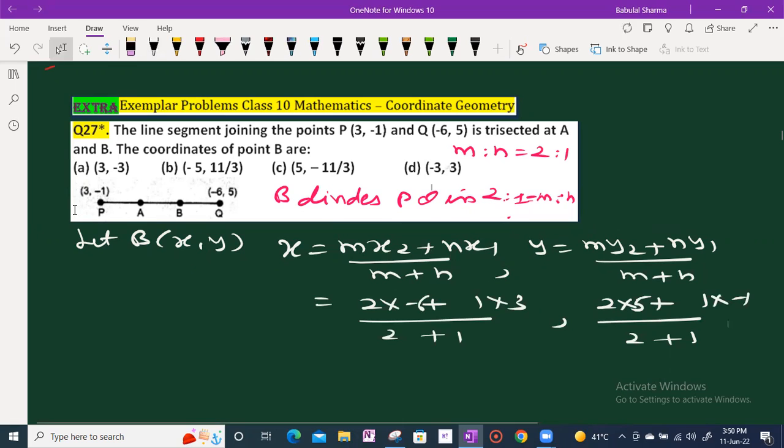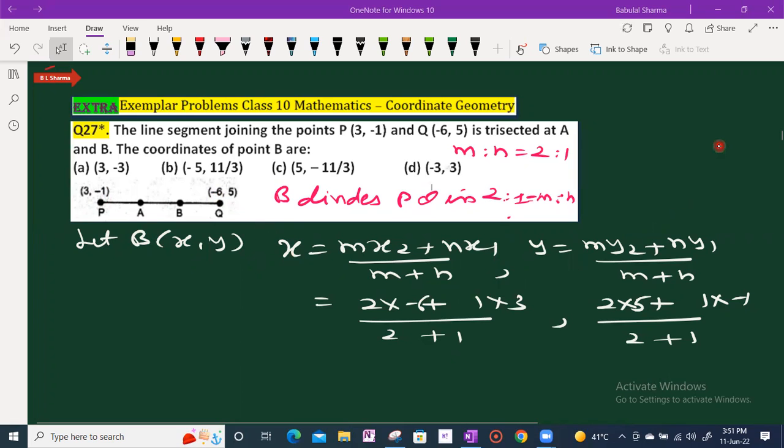See here, x1, y1 is 3, -1, and x2, y2 is -6, 5.